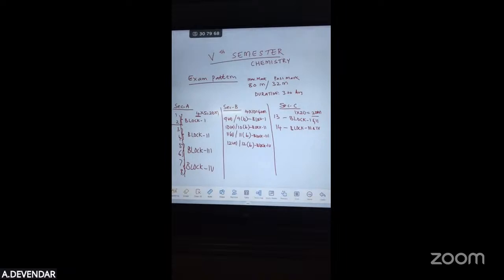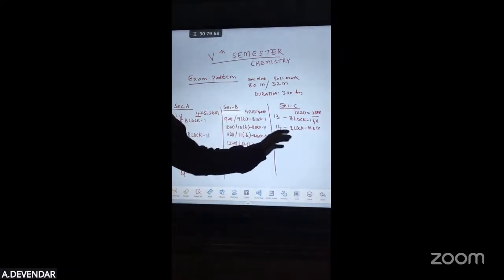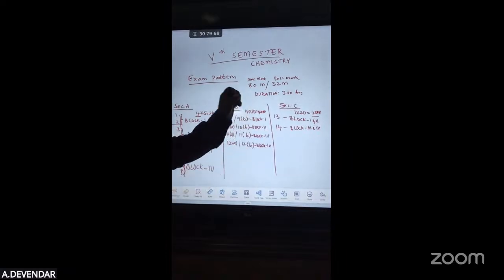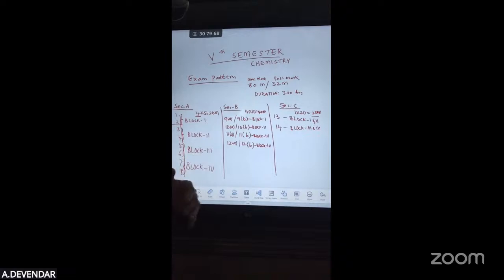See, observe that one. By seeing section C, you may understand that if you are completely thorough with 2 blocks out of 4 blocks, you can get 4 questions, means 20 marks.